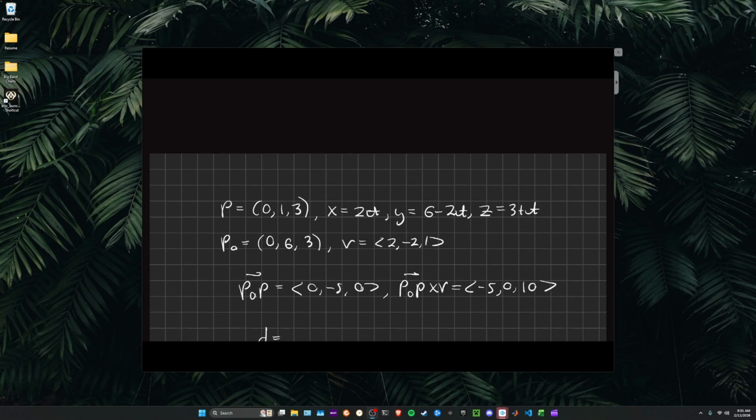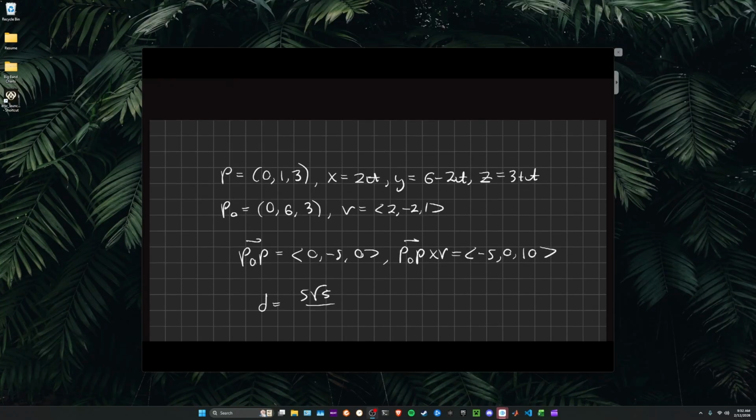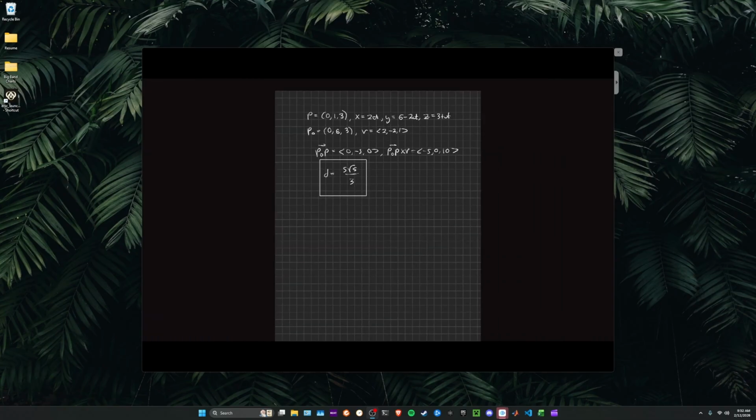And then we're going to use that distance formula again, and we'd end up with 5 root 5 all over 3. Yeah, because that'd be 9. So 3. Okay. Nothing crazy, really just plugging into this formula. Okay, let's talk about problem 21 now.